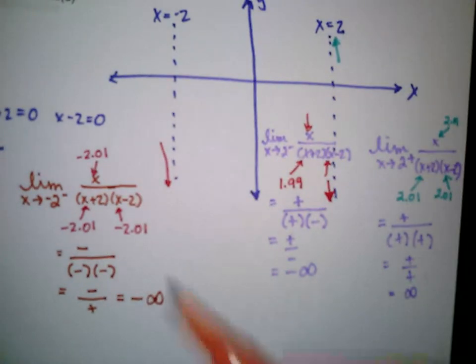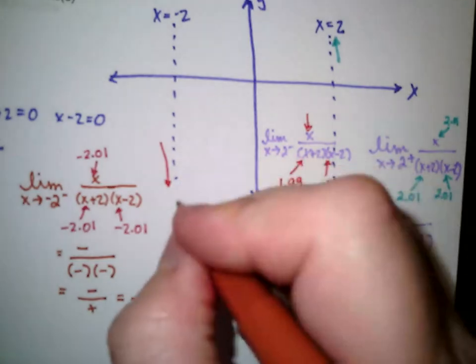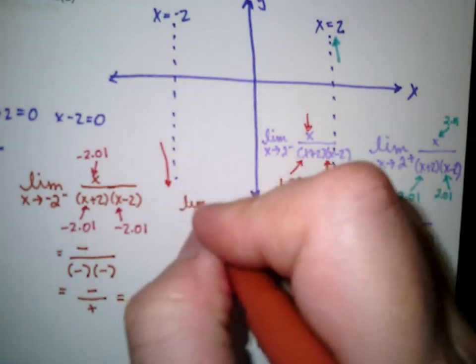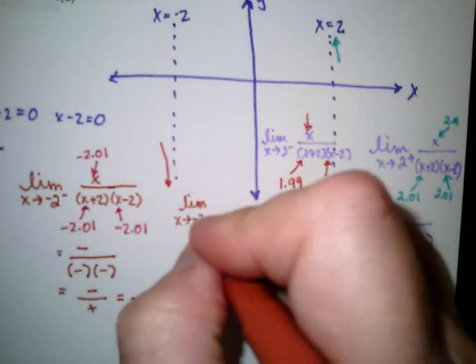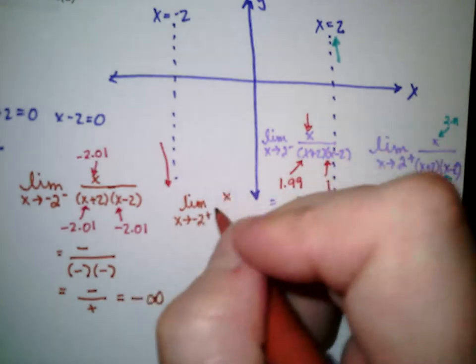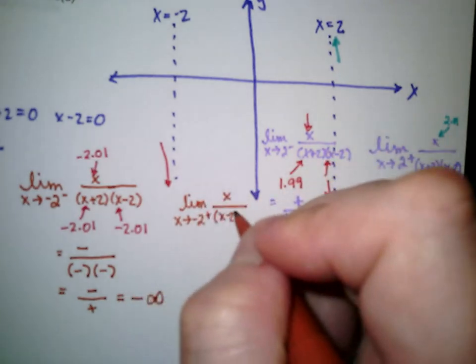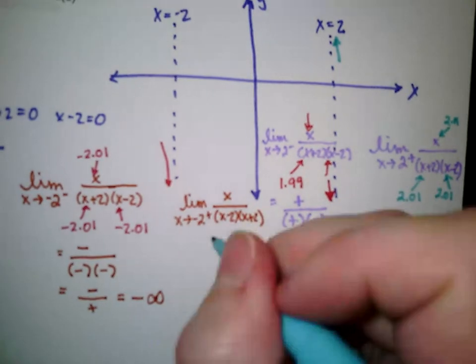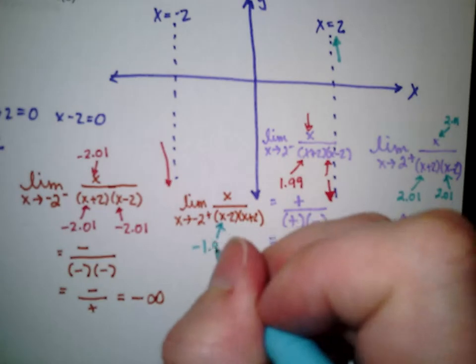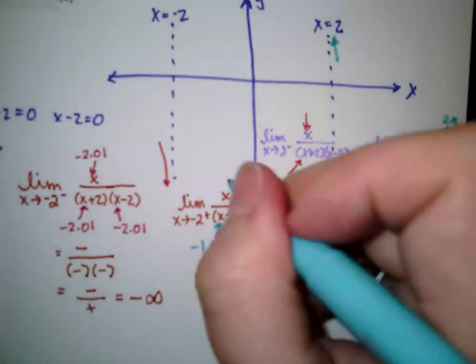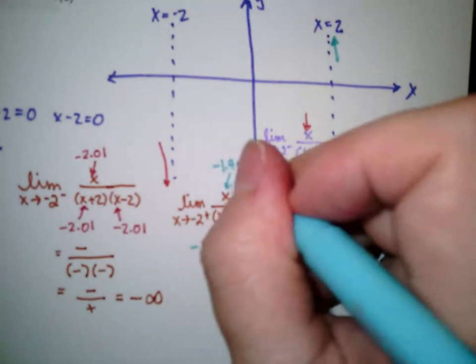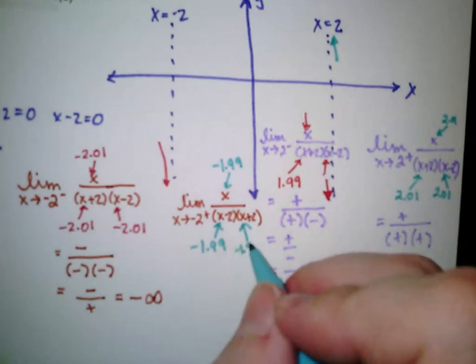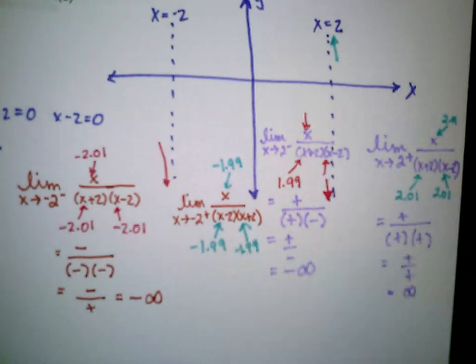And then we'll look at the right-hand side of negative 2. So the limit as x approaches negative 2 from the right of x over x minus 2, x plus 2. Now a number just to the right of negative 2 would be negative 1.99. So I'm going to replace all of my x values with negative 1.99.